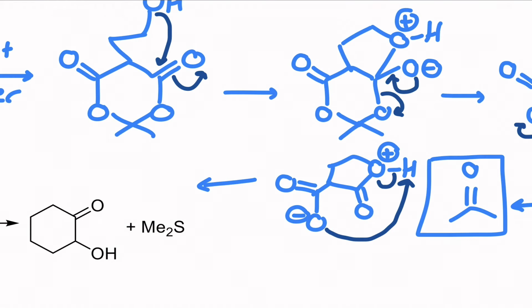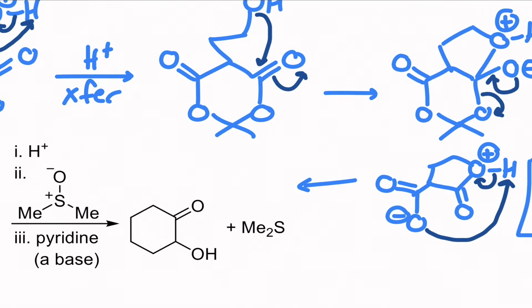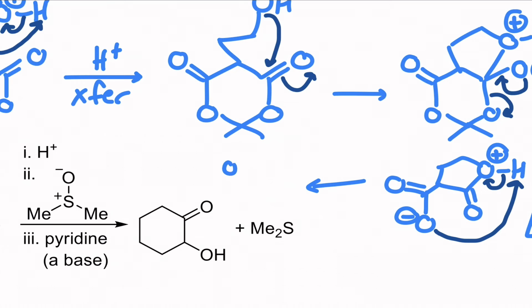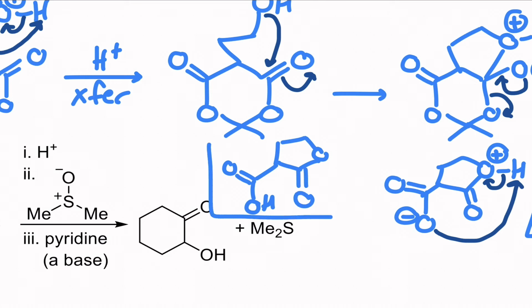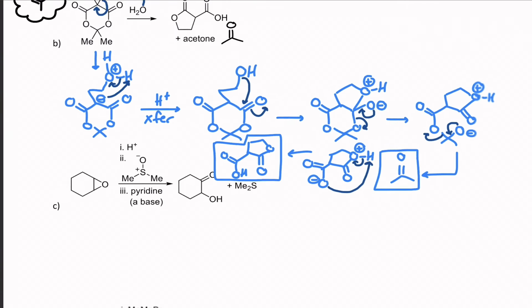Take that H off there and put it on the acid on the left, and you get your other product with a carboxylic acid and a lactone. So this is the product up above, just drawn upside down.